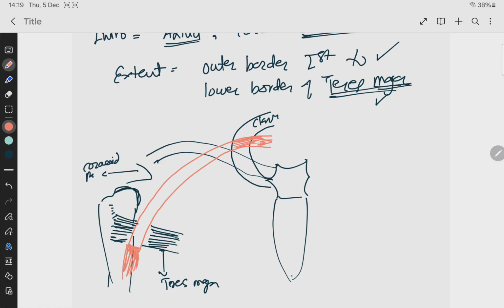So this is the extension of the axillary artery. This is axillary artery, this is subclavian artery, and this is called the brachial artery below the teres major. So this is the extent of axillary artery.